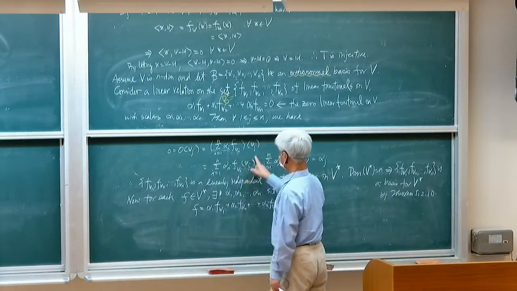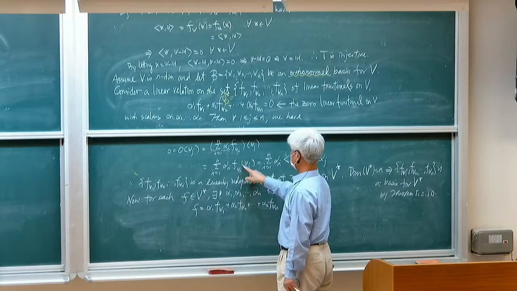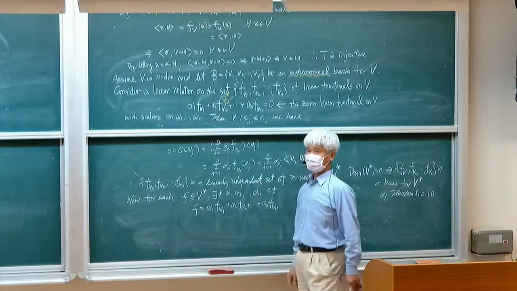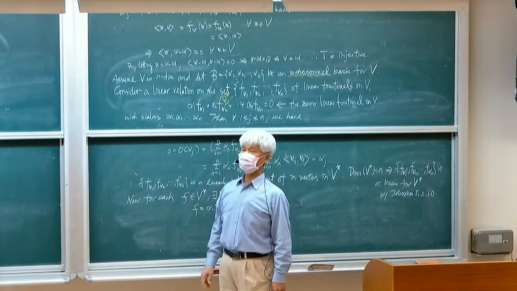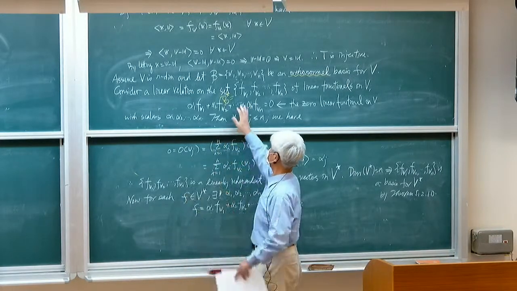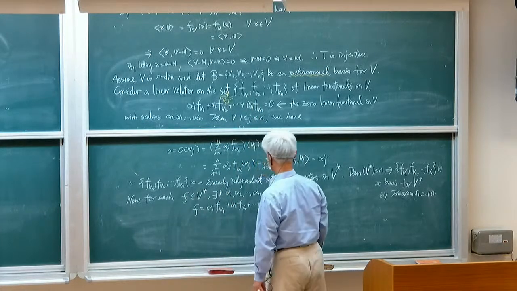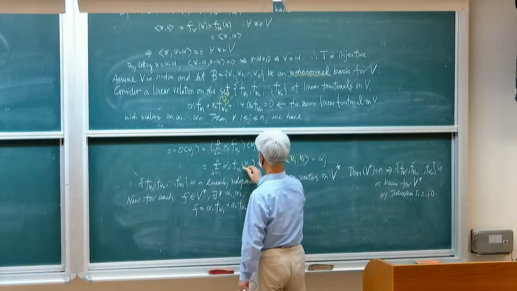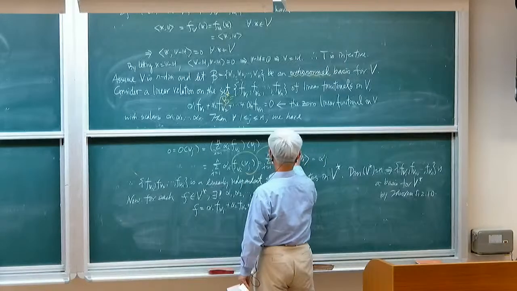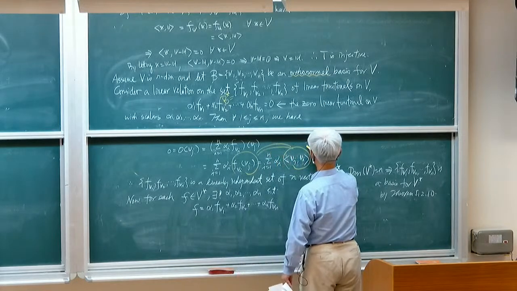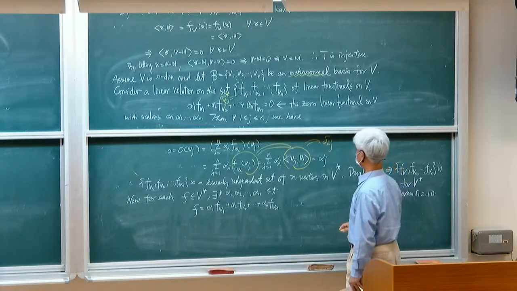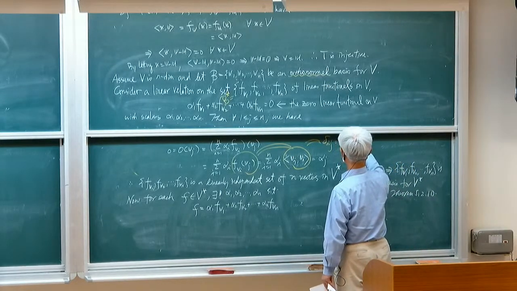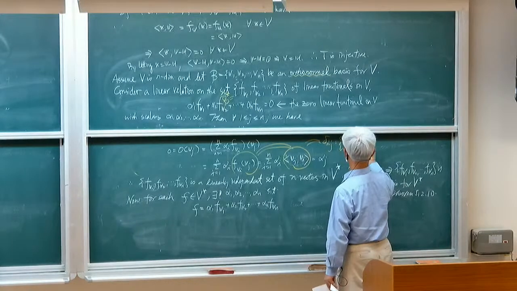You can check that, because of the 0, 1 relationship: here you can see f_vi at v_j is delta ij. So this is indeed the dual basis we defined before. These two concepts are the same. And delta ij is 1 if i equals j, 0 if i is not equal to j.